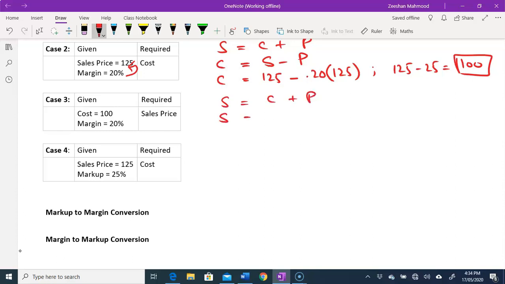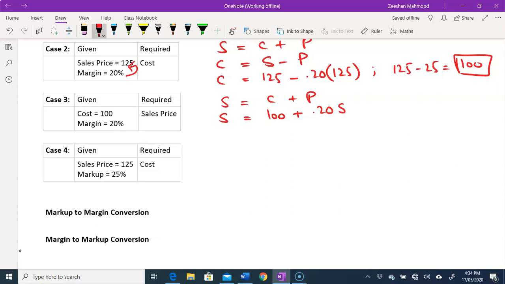We are required to calculate the selling price. We are given the cost, but this time we are given a margin, and that margin is 20%, which is not 20% of cost, so we cannot take 100 here. That is a percentage of sales price, and sales price is unknown. So what I can do is put a variable here, so I will put S here.